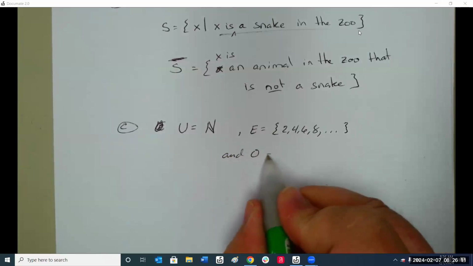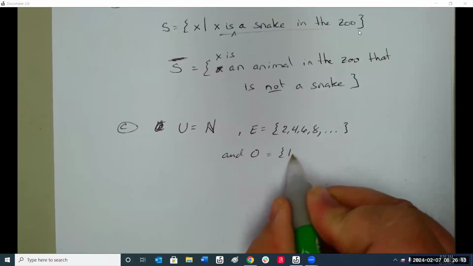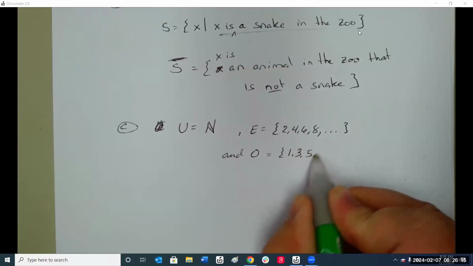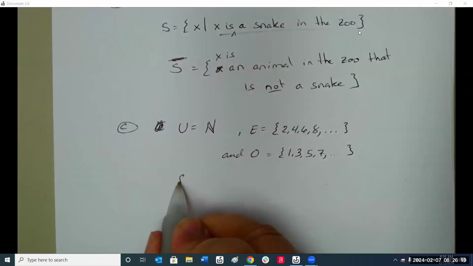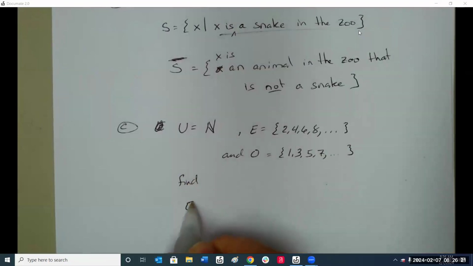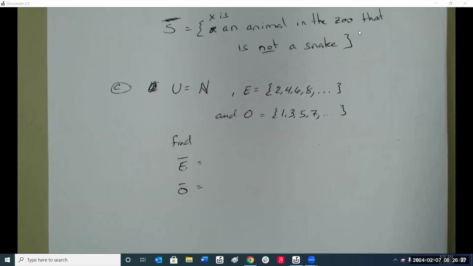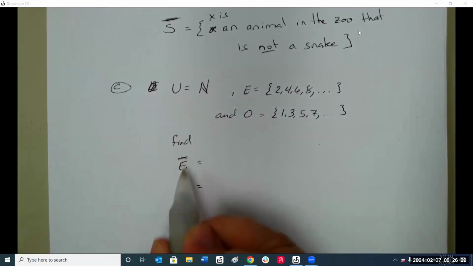And O is the set of odd numbers. Find these negations or these complements.